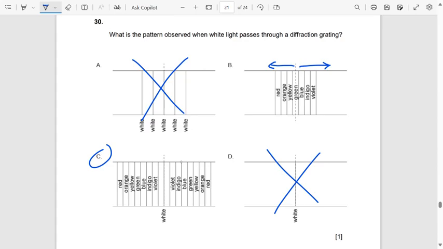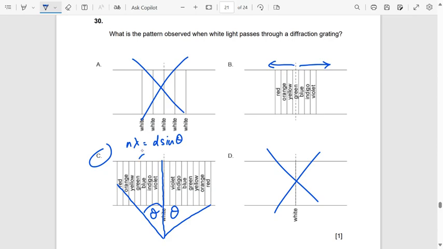So we're saying that, say the white light's coming through here, this angle will be equal to that angle. So it's like a reflection. How do I know that? If you want to do it scientifically, we know n lambda equals d sine theta.